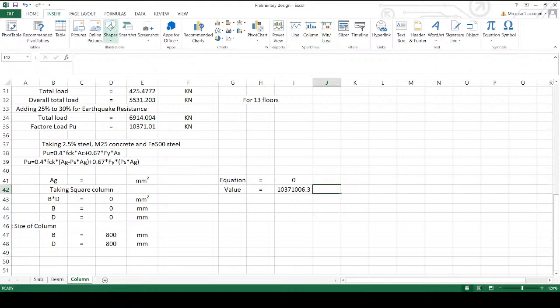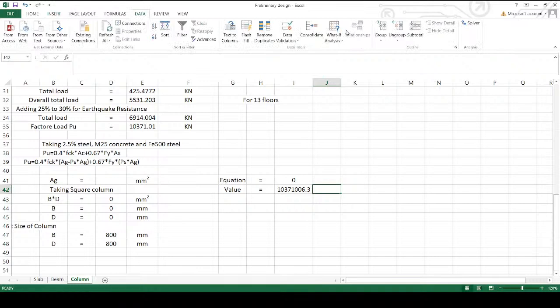And then you go to Data, What-If Analysis, and Goal Seek. We select the equation value here and take the value here, that is 10371006.3, and the cell you have to change is this one, and press OK.